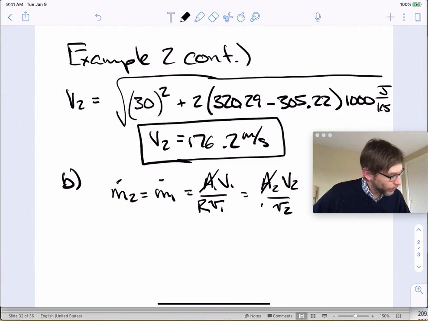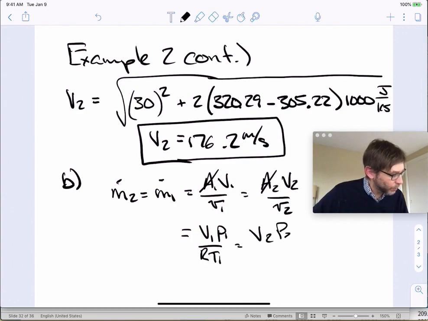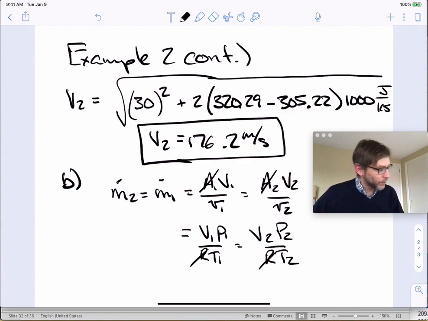Oh yeah, sorry, we have an R in here too. Okay, so now let's use the ideal gas law. So this is now equal to V1 P1 over RT1 equals V2 P2 over RT2. We can cross out the R's because we know that's constant.